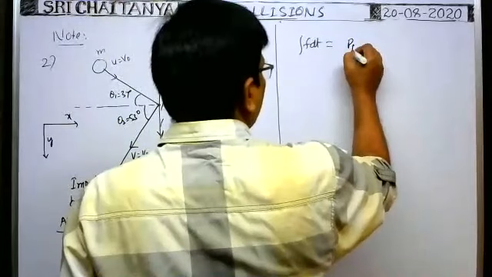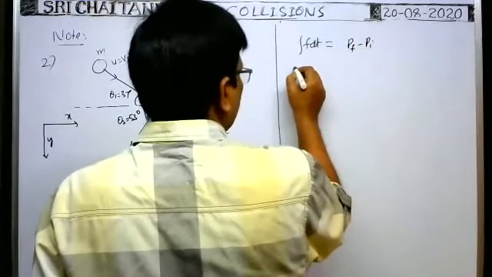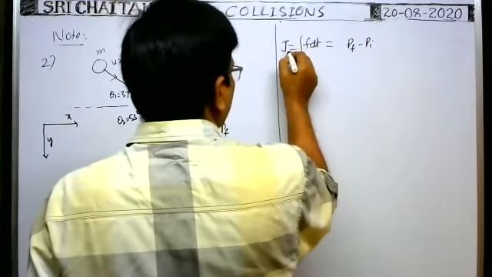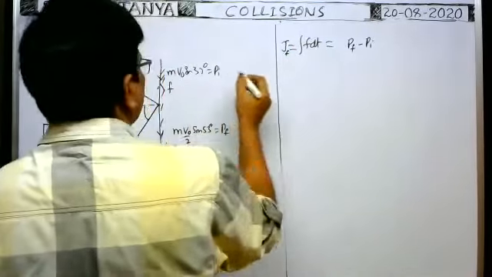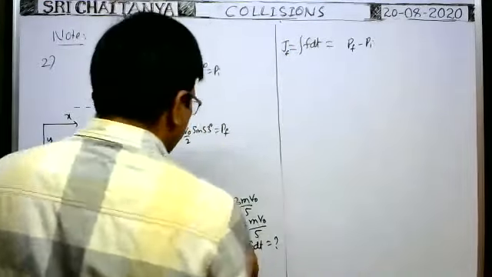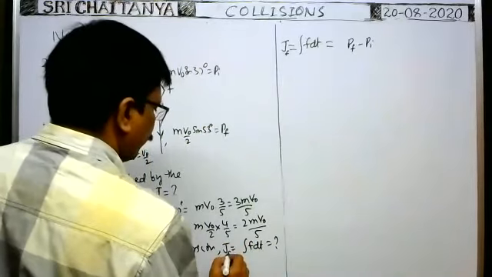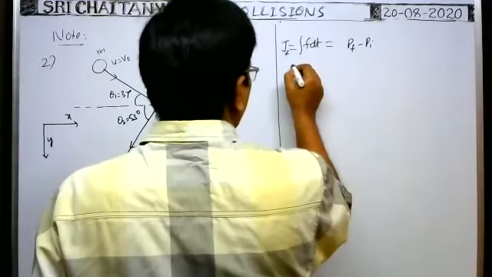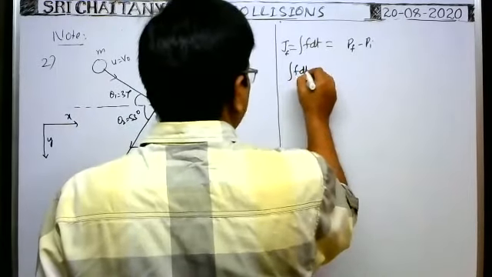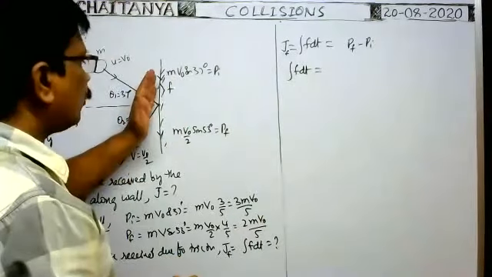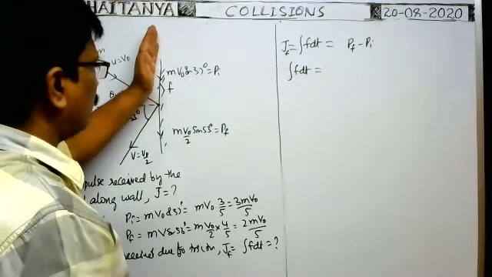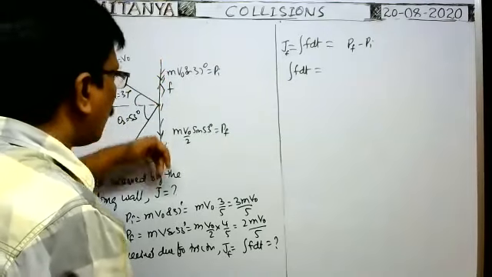The general formula is final momentum minus initial momentum. So the impulse due to friction, J suffix F, is integral F dt. Impulse due to friction is along the direction of friction only, whereas the initial and final momentum are in the opposite direction.